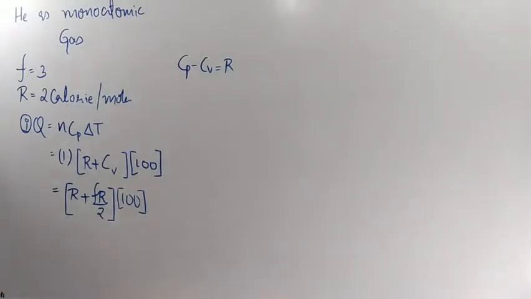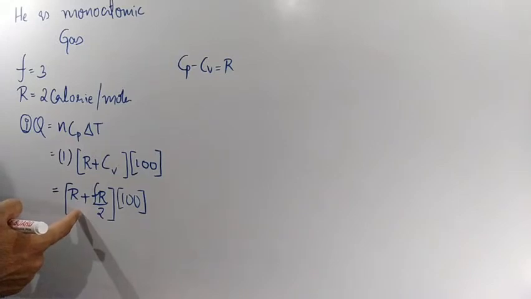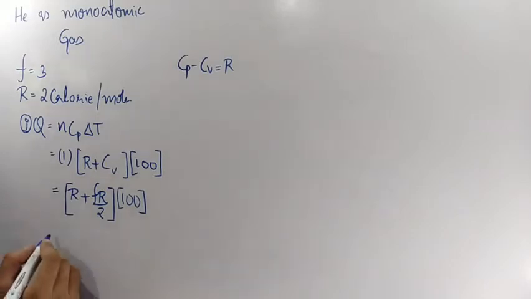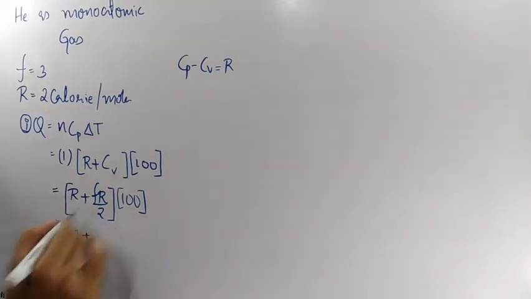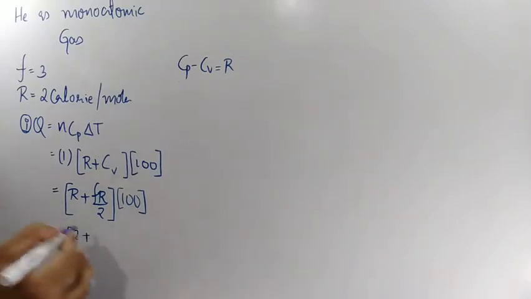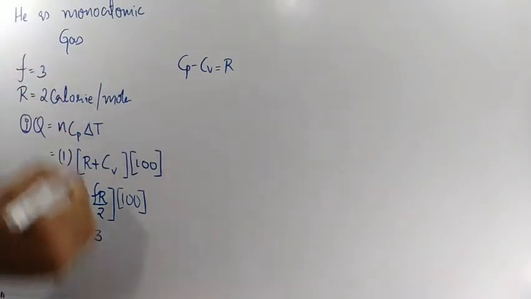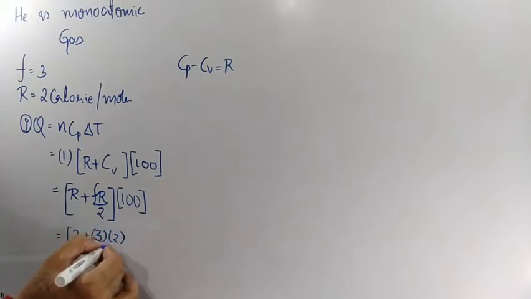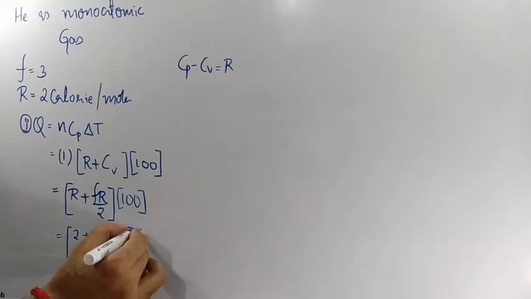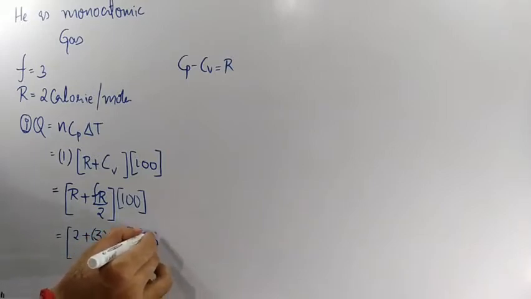Now substitute the values here: R value, F value, all the things. R is given as 2, plus F value is 3, times R again 2, divided by 2, into 100.